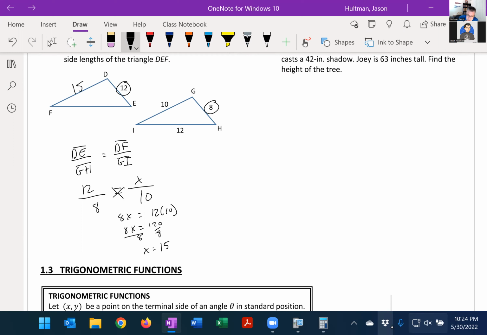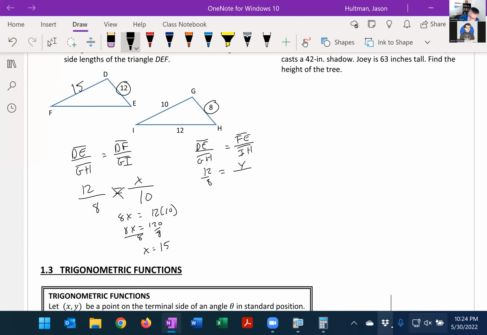Okay. Let's use the same logic on FE. So we're going to say that DE, or the 12 to 8, to GH is equal to EF, or FE, to IH. So again, 12 to 8 is equal to FE, which I'll call Y in this case, just to give me a different variable.